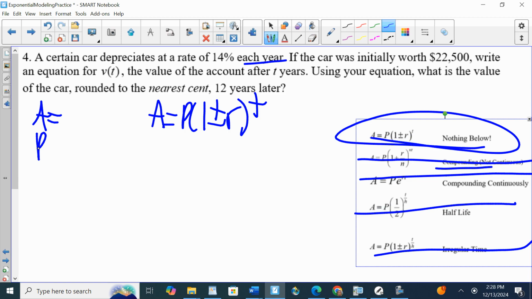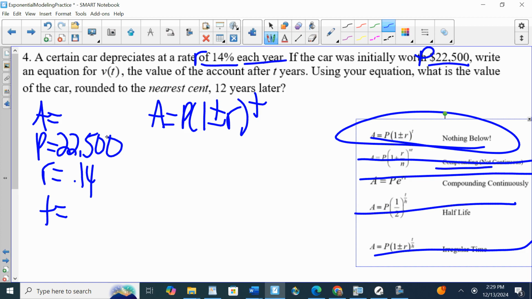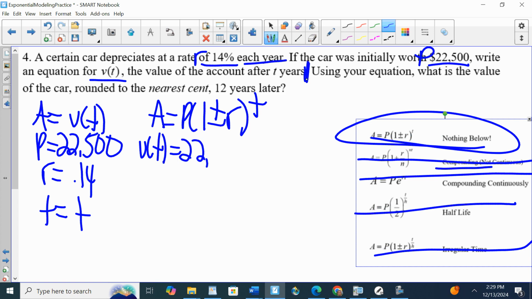A equals, P equals, R equals, T equals. R is 0.14. Initial value, that's P, 22,500. It wants V of T after t years. So V of t equals, again, I don't read past this first sentence. This is the first question. That 12 doesn't exist yet.